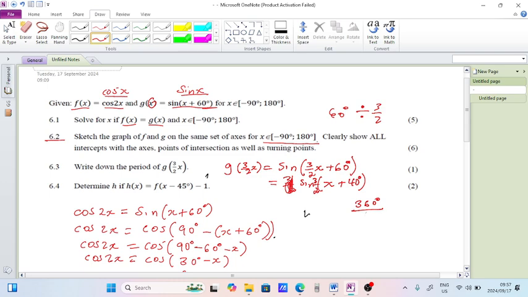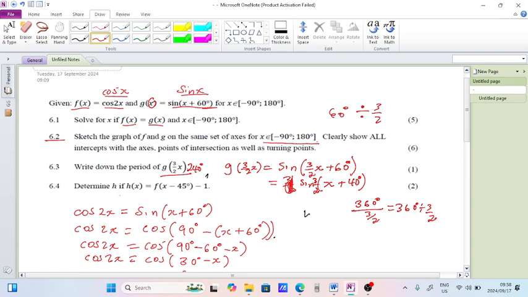So the coefficient is 3 over 2. This can be written as 360 degrees divided by 3 over 2. What is the answer? 240. Right, now you're going to write that the period is 240 degrees.